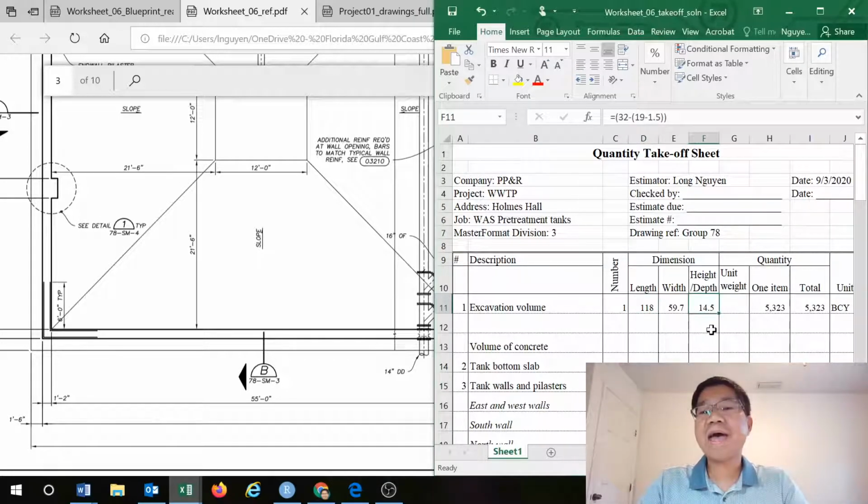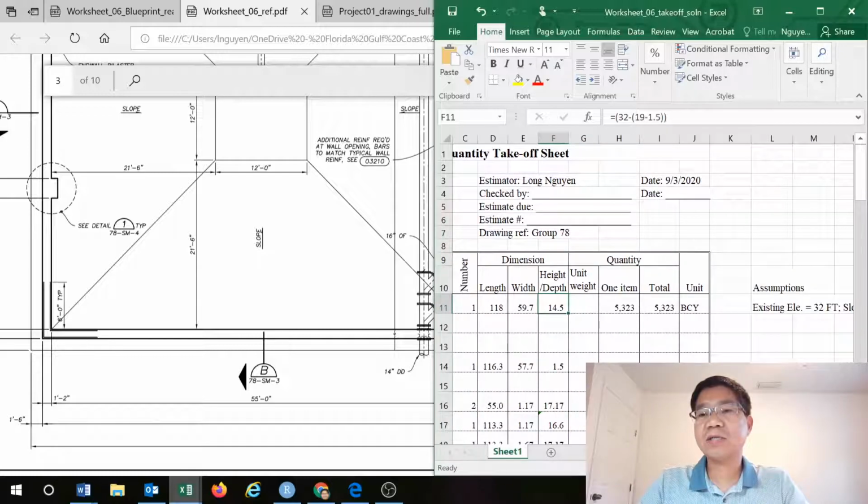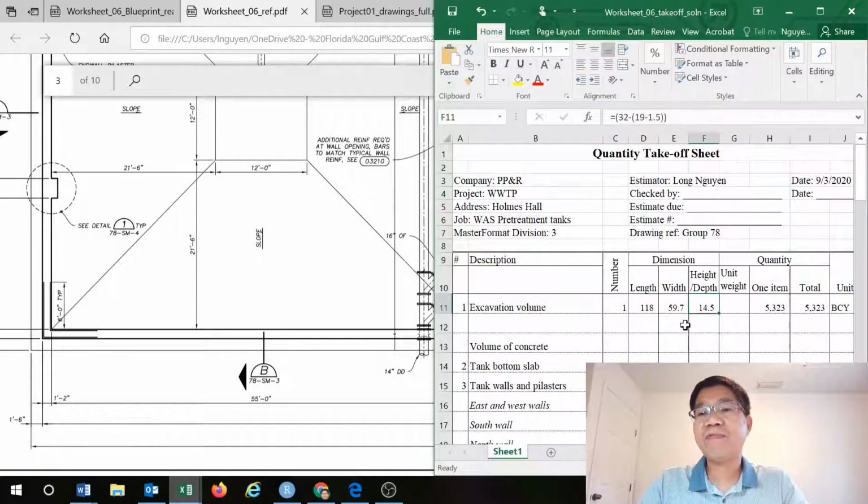For the depth, I make a note here on the excavation: I say the existing elevation, we assume 32 feet. Why that? How can I come up with the 14.5 feet? It's 32 for the existing ground level, and then going down to here.